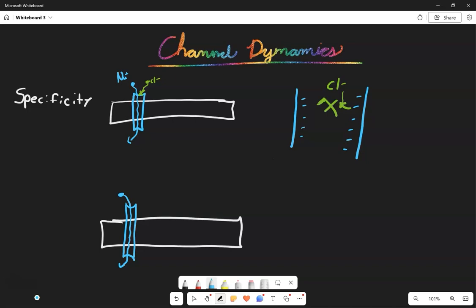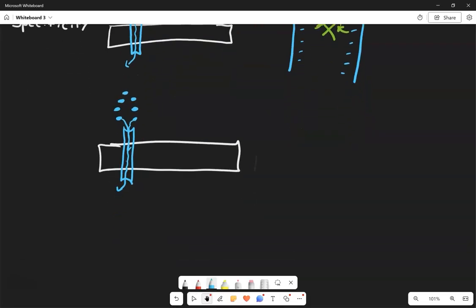Well, what happens if I put another sodium out here? What sodium can move through the channel? What if I put another one, and another one, and another one, and another one? How many can move through that channel? So we tend to talk about channels and their transport rate.